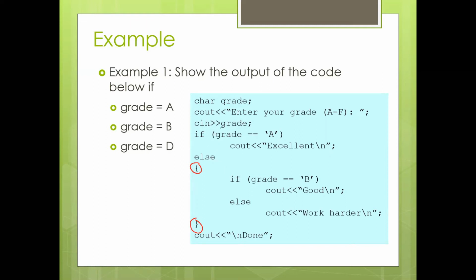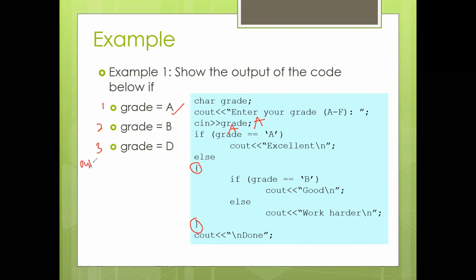Okay, let's do it. Kita pergi ke cout, enter your grade A until F. So dia masukkan, kita try yang ini. Dia masukkan A. So if grade A sama dengan A, so cout excellent. Jawapan yang ini saya buat 1, 2, 3.